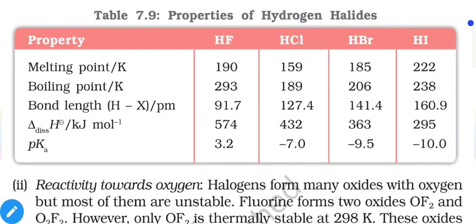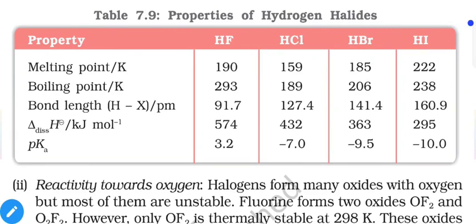Because of the short bond, HF has the highest dissociation enthalpy, and because of the long bond, HI has the lowest dissociation enthalpy. And pKa, that means dissociation constant, as we can see, we have the lowest dissociation constant for HF, it is positive, and the remaining halides show negative pKa values, and pKa value and acidity are inversely proportional.